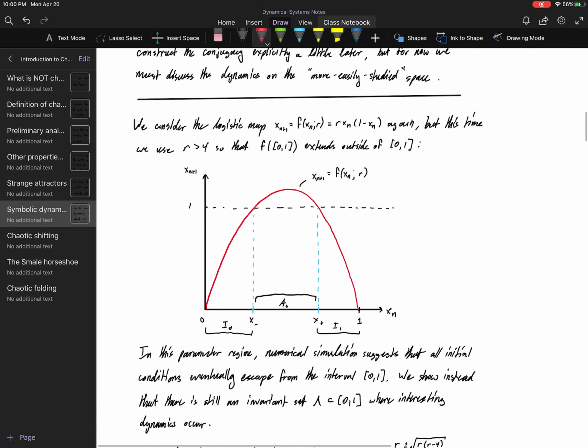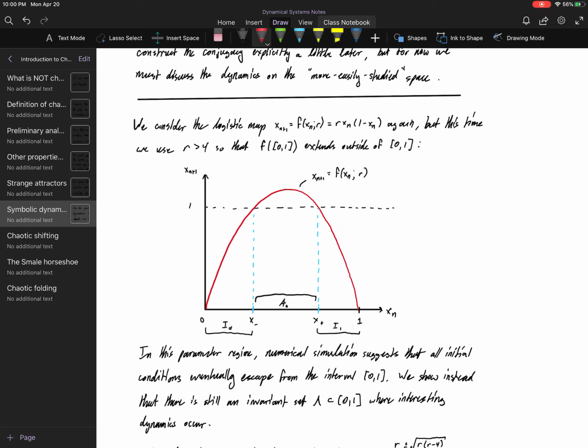So to illustrate that point, let me go ahead and point your attention back to the logistic map. But what we did in our work earlier in the semester is we restricted ourselves to the parameter range where R was between 0 and 4. What we would like to do now is actually break past that.